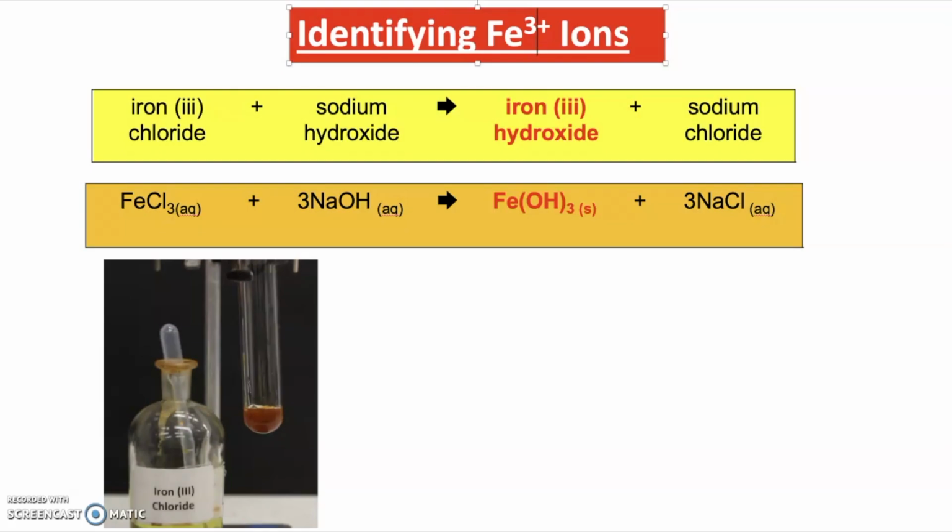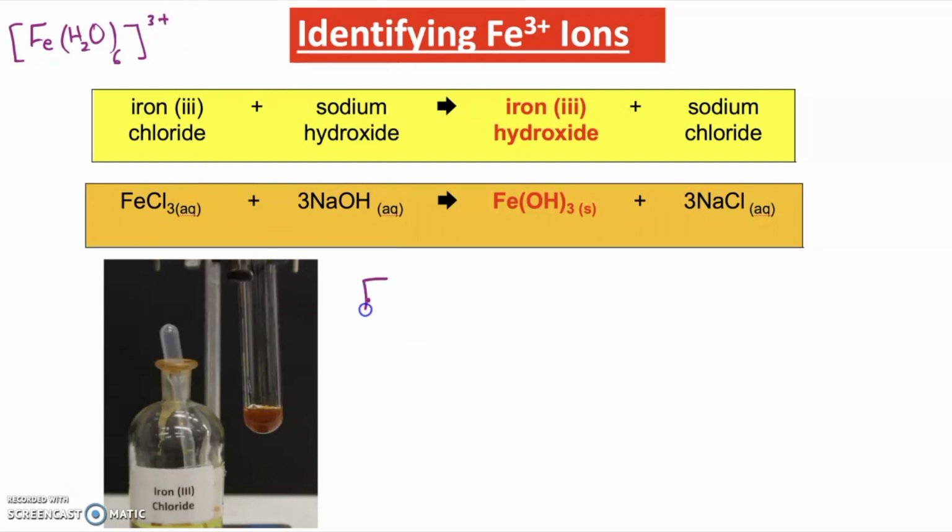Now we also need to be able to describe this reaction with an ionic equation. So once again I can write the ion as either Fe3+ or the complex ion [Fe(H2O)6]3+, because the Fe3+ ion in water would form a complex with water surrounding the Fe3+ ion.